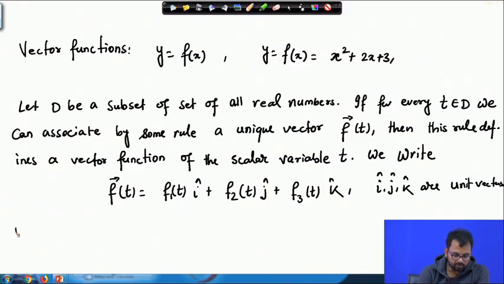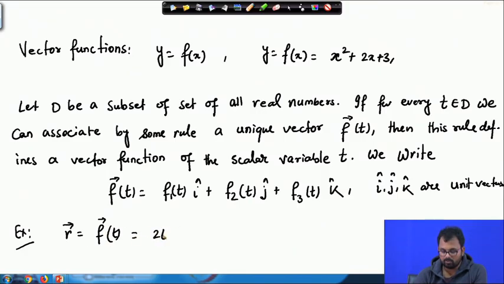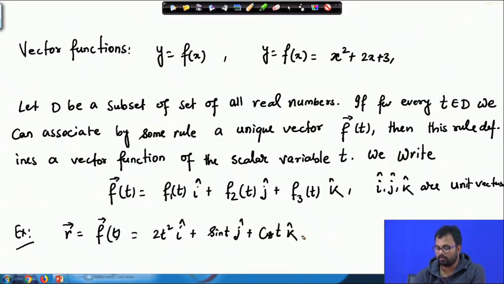One possible example could be, let us say, r equals f of t. We write the vector function by r, and r is a function of t, and we write r equals f of t equals, let us say, 2t square i plus sin t j plus cos t k, for t in the interval 1 to 2.